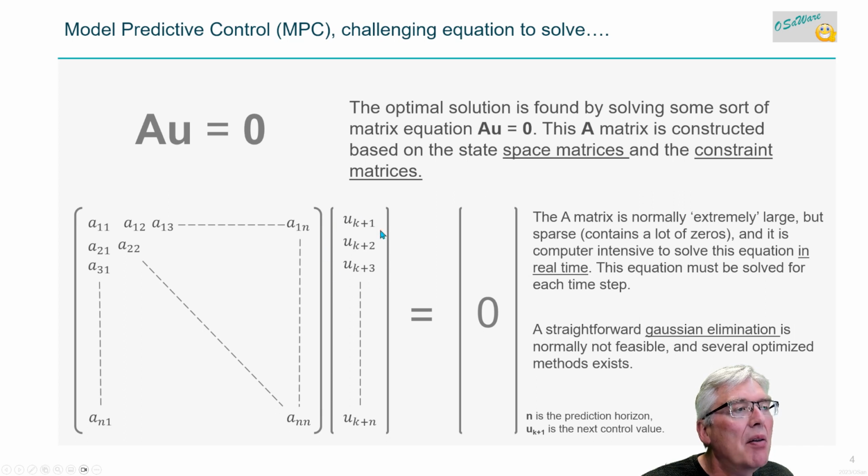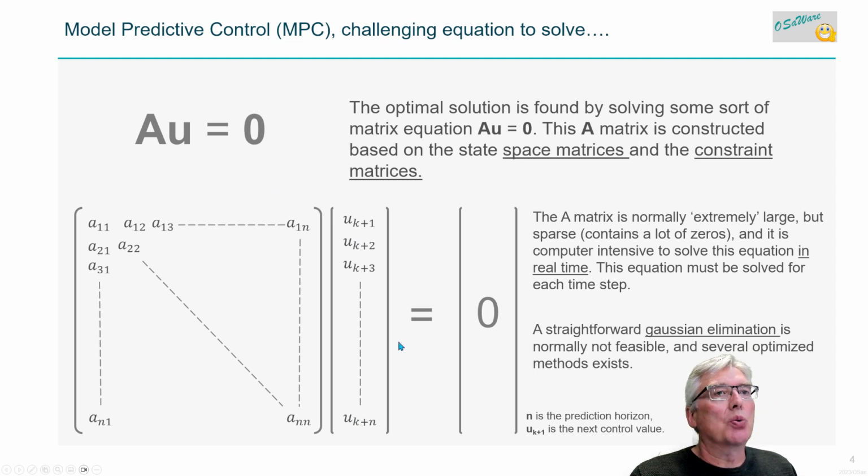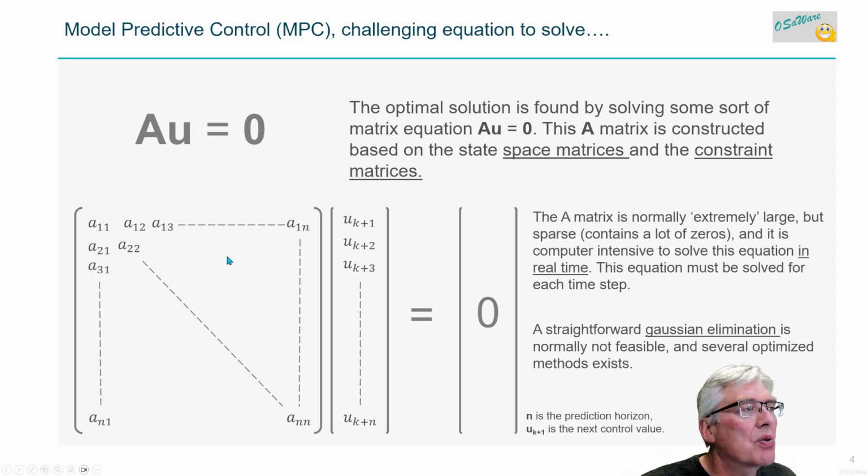These are my unknowns, my x's that I have to find. It's huge, but sparse. There's a lot of zeros, and 0 times something is always 0, so I don't need to do that calculation. It's computer intensive because it has to solve it for each sample. Yeah, so straightforward Gaussian elimination to solve an equation system like this might not be feasible.